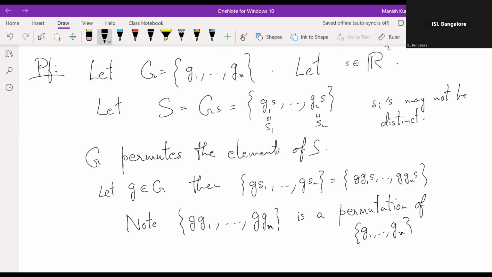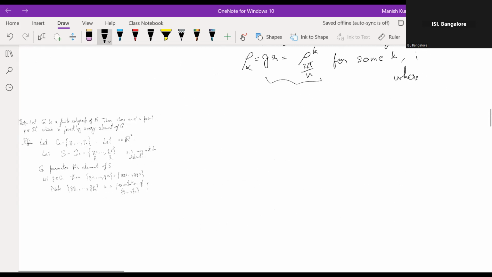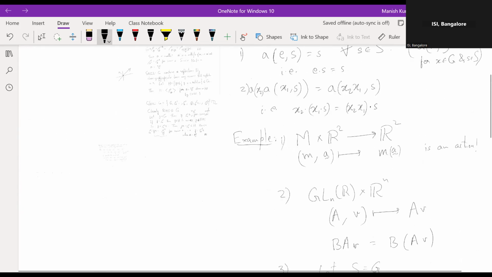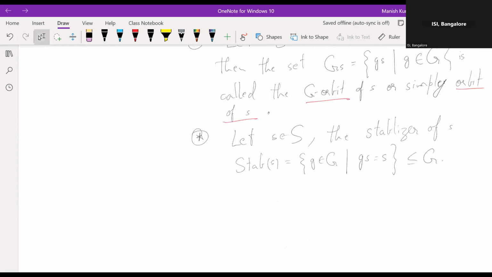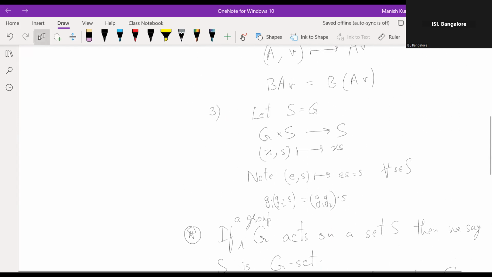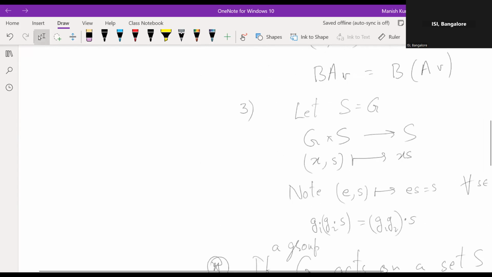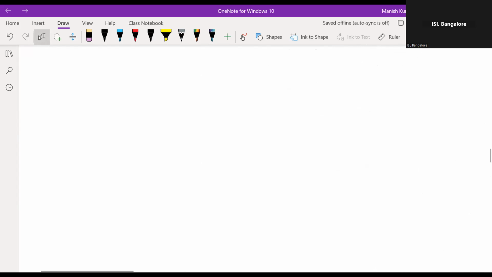Maybe this is a good exercise. What we are saying is that this action which we defined here, this example 3, permutes the elements, so it doesn't fix anything. This is just basics of group theory.